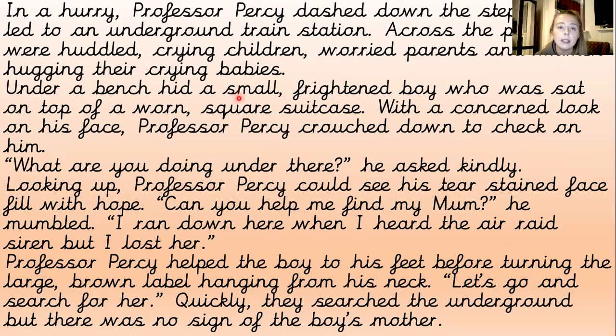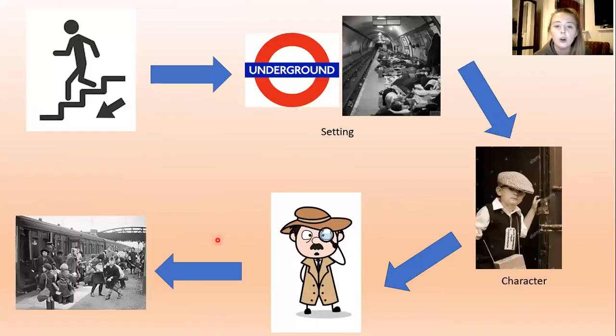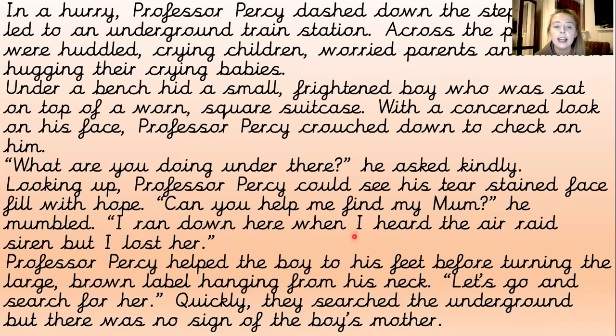I've just said that he was small and frightened, and that he had a worn, square suitcase, and down here I've mentioned that he had a label hanging around his neck. So that helps the reader visualize what this little boy might look like and how he is feeling. Then I've gone on to search, that he helped the boy up, and they searched for his mother, but they could not find her.